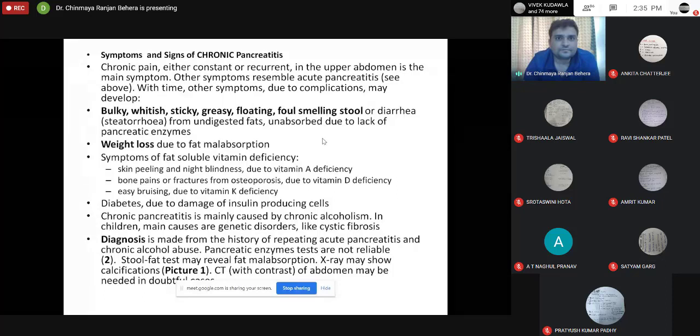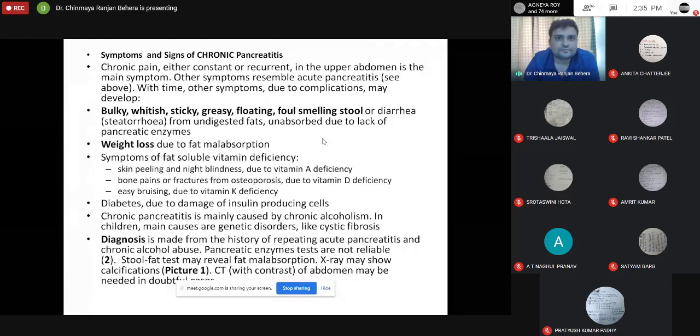foul-smelling stool or diarrhea that is called steatorrhea, weight loss, and because the pancreas is involved, there can be fat-soluble vitamin deficiency causing skin peeling and night blindness, bone pain and fractures due to vitamin D deficiency, easy bruising due to vitamin K deficiency.